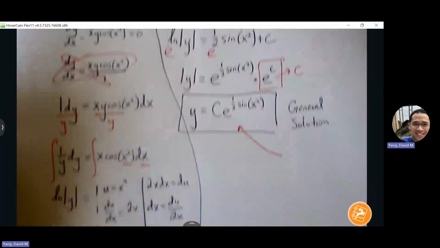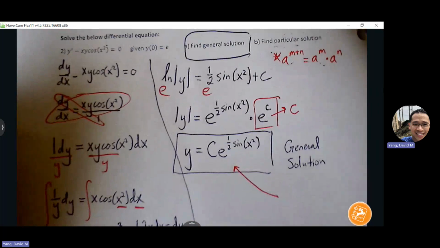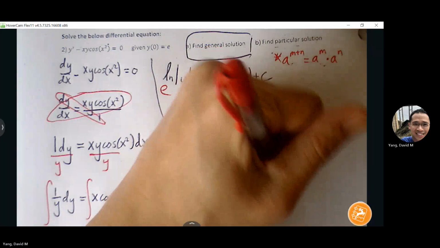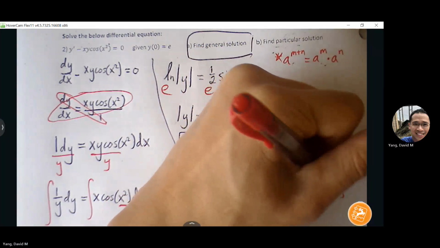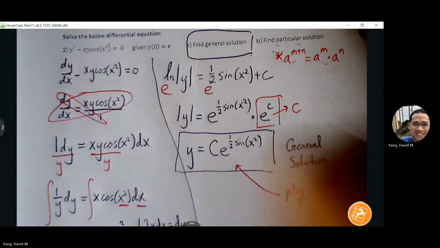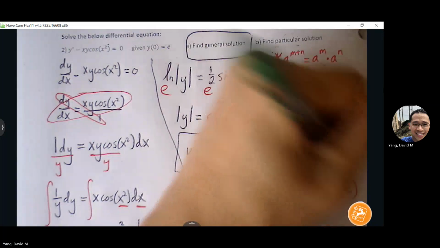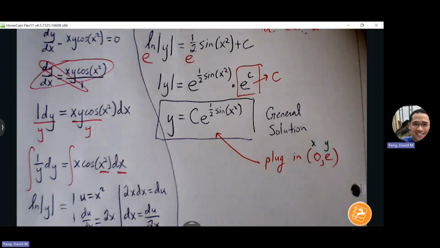Okay, so we're going to work on this general equation to see if we can update it. All right, so 0 will go in for x and e will go in for y.